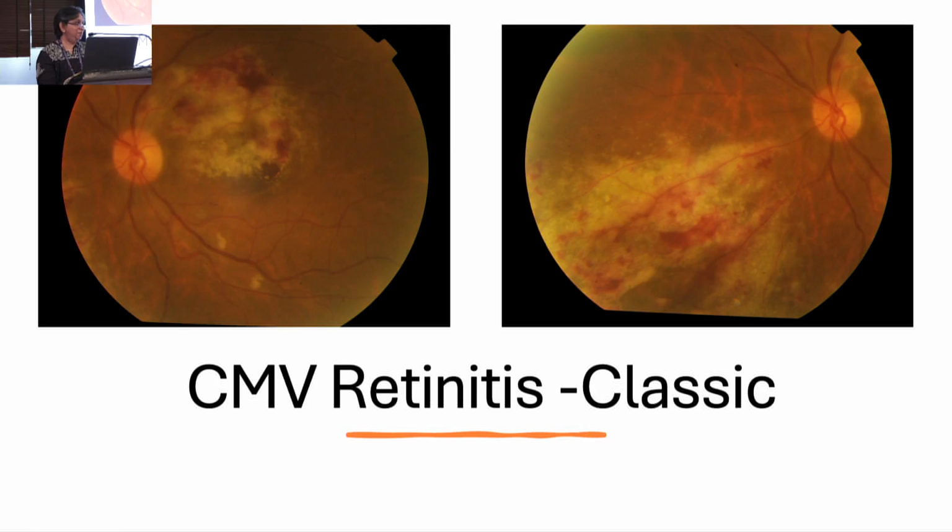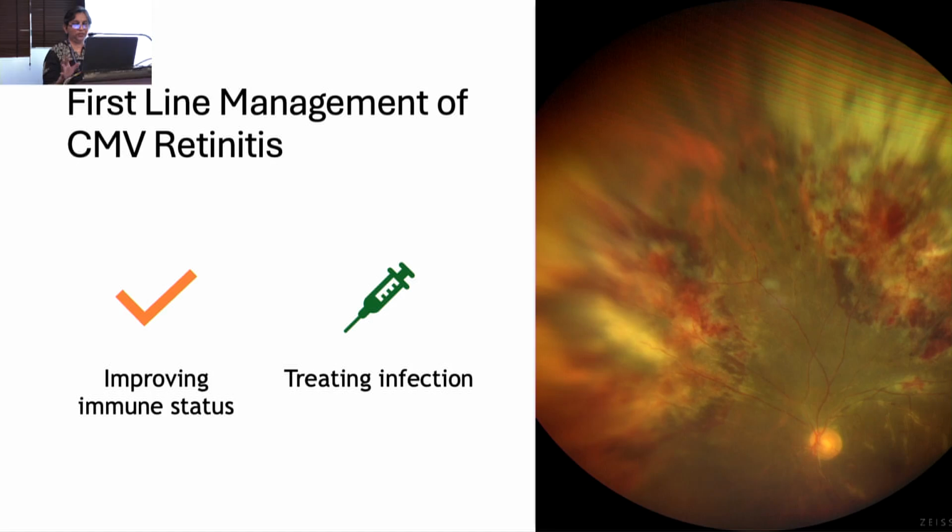The classic CMV patterns have already been discussed. Now, the one thing you should remember is that a CMV retinitis patient is immunocompromised until otherwise proven. So the two main arms of treatment: one is identifying the risk factors and improving the immune status, which could be HIV, could be iatrogenic immunosuppression, or a malignancy.